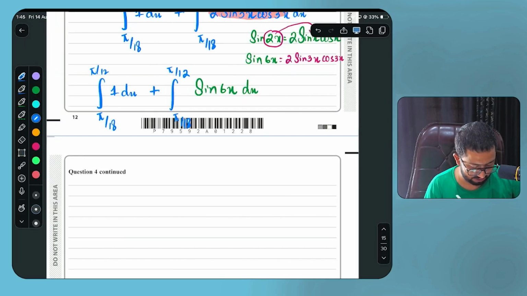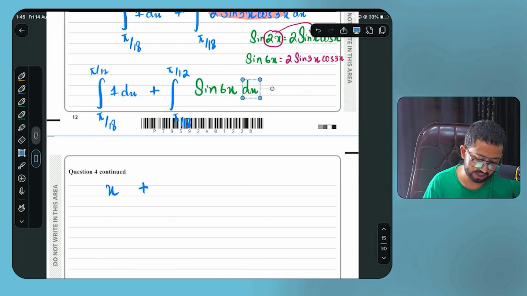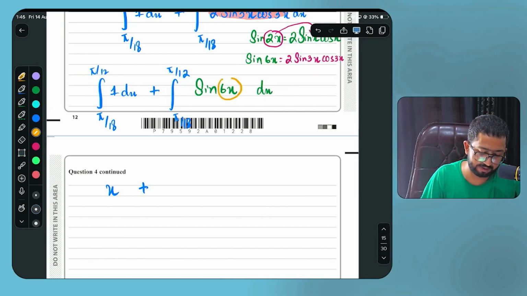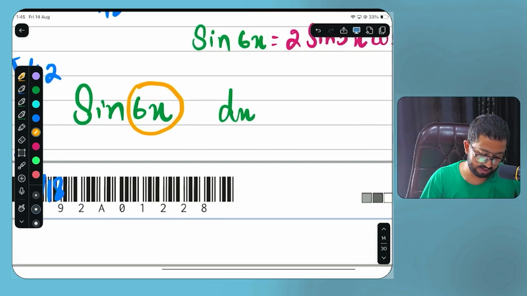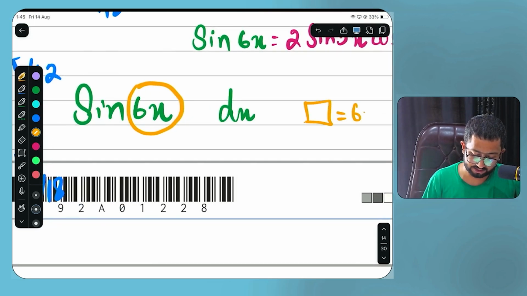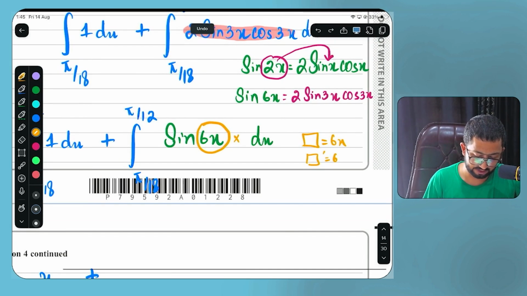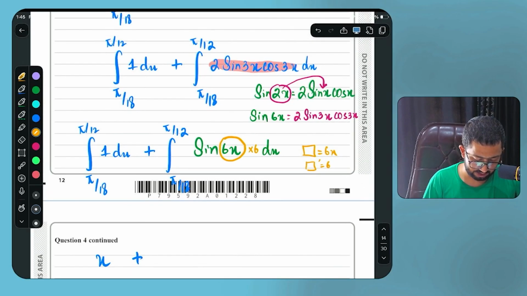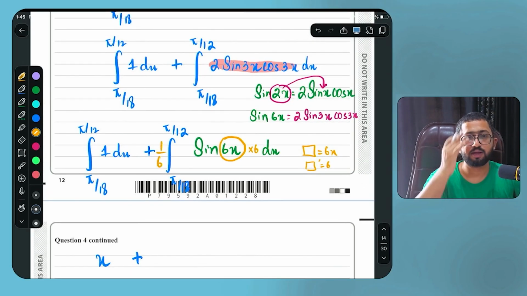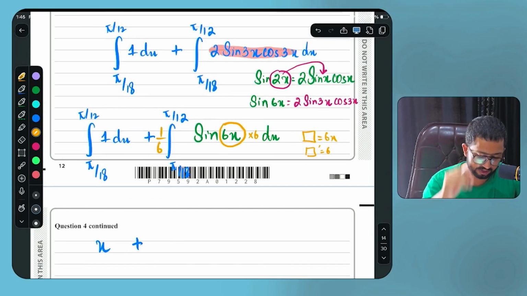So the integration of 1 will be x plus... I can't integrate the sine function directly until the derivative of the angle is present outside. So the derivative of the box is 6, which is not present. So you have to multiply with 6 inside the function, and similarly, you have to divide by 6 outside the integration. That is a universal rule.